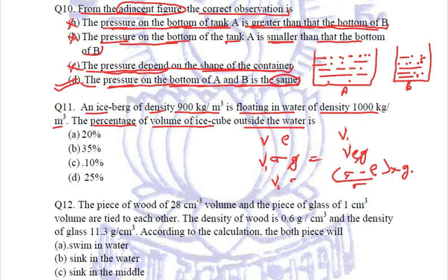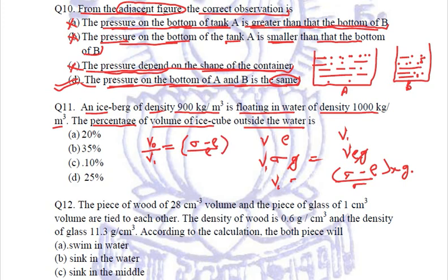Now this is the expression for the volume inside. If we want to relate the ratio between volume outside and volume inside, we can calculate it to be the density minus rho upon rho.